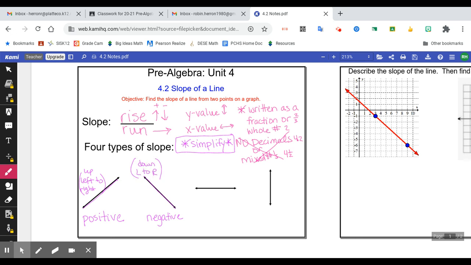Then, if you think about uphill versus downhill, this would mean there's absolutely no hill at all, which is zero slope. Completely flat. And then this one, straight up and down, is called undefined slope. So we have positive, negative, zero is flat, and undefined is straight up and down.